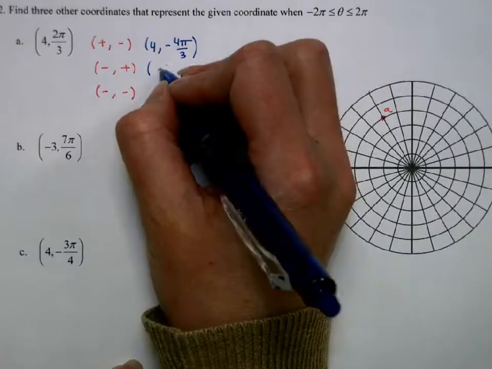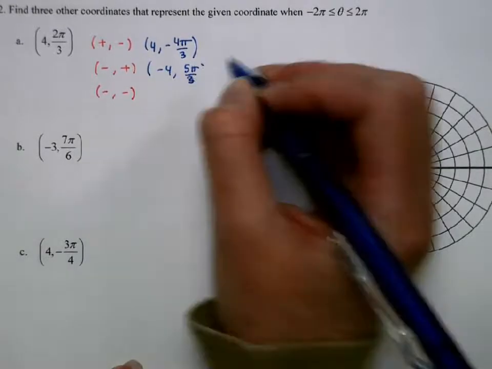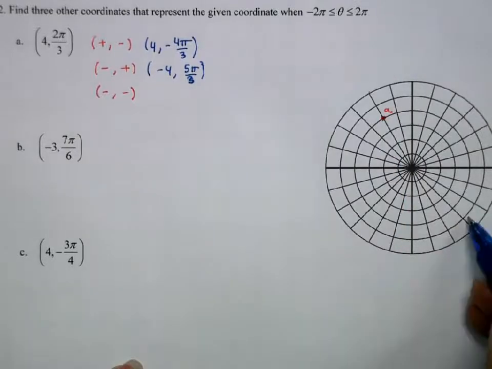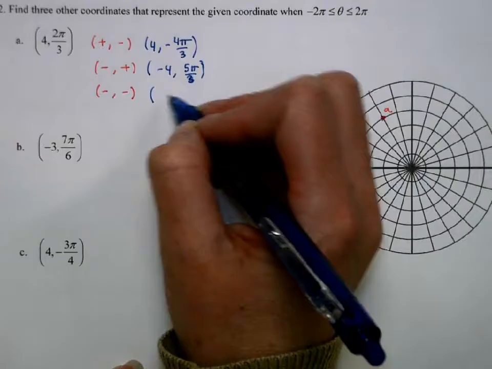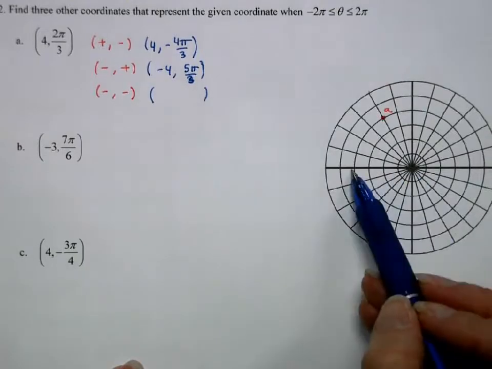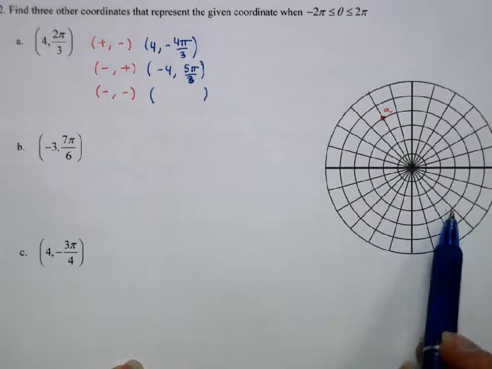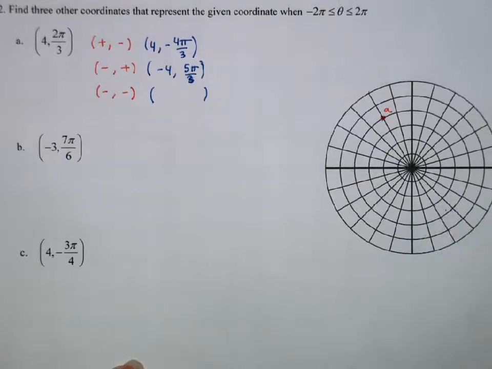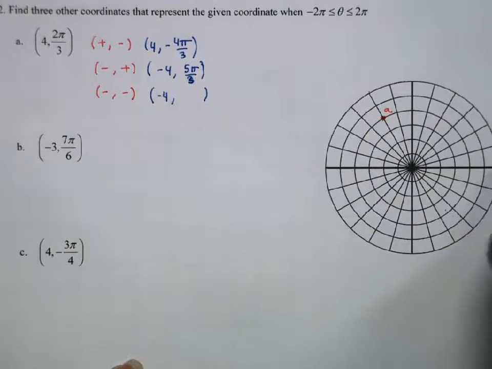So we have a negative 4, positive 5 pi over 3, and you can always check. If I go to 5 pi over 3, we're here, through the pole gets me to where I want. Negative, negative, again we can go here and go clockwise to that angle, or we can go to our opposite side and figure out what angle that would be as a negative, which in both cases gives me negative pi over 3.